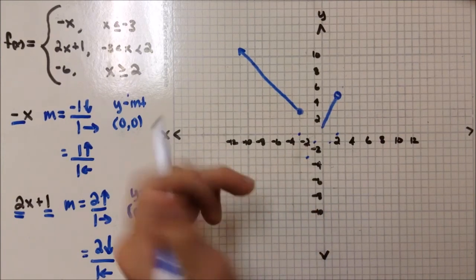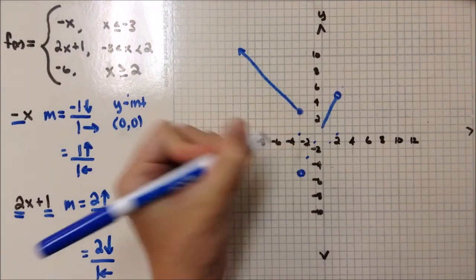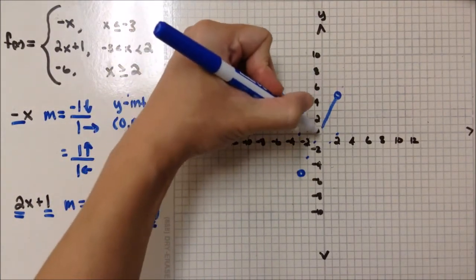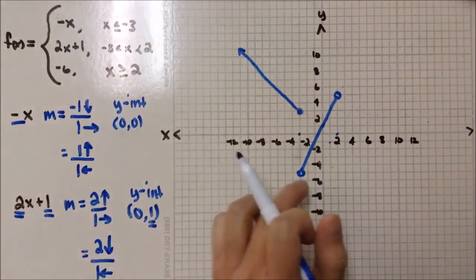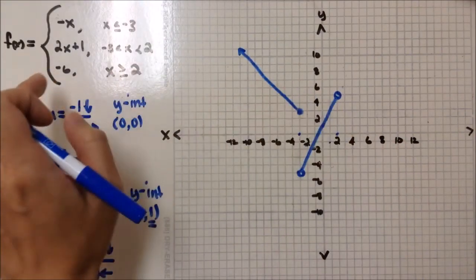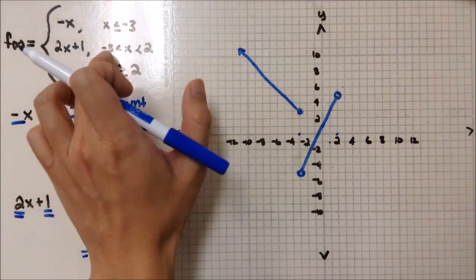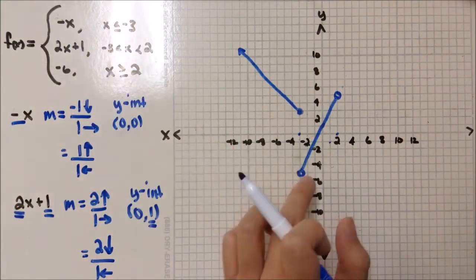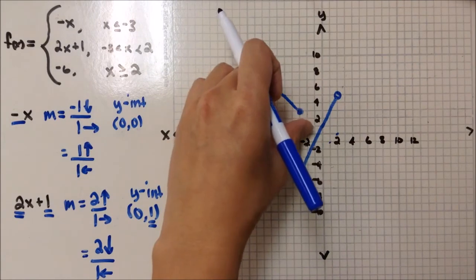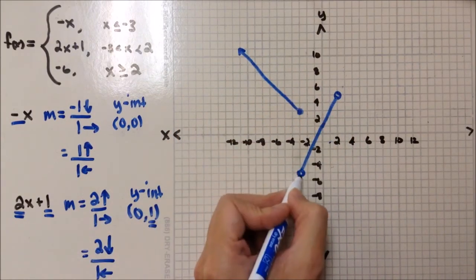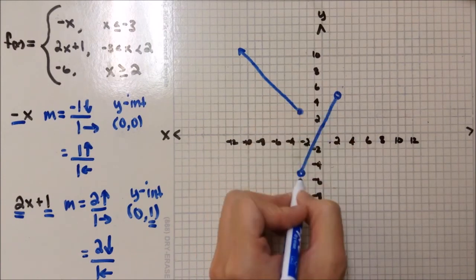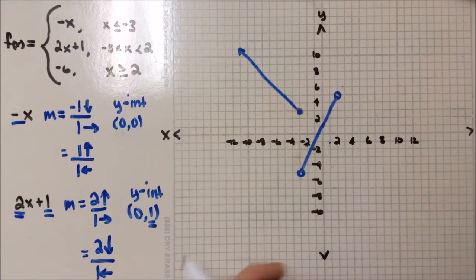And at negative 3, it's also an open circle. So now I'm going to connect. There we go. So here's the graph for 2x plus 1 between negative 3 and 2. So 2 open circles and the graph between negative 3 and 2. So that's all we have to do for that function.